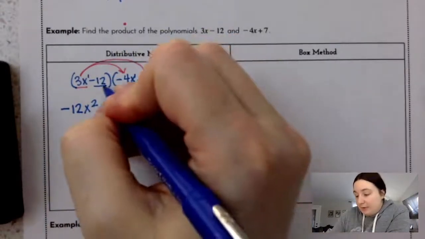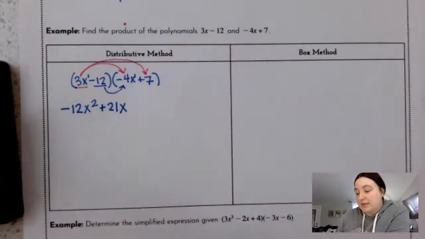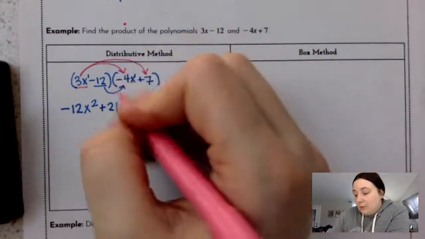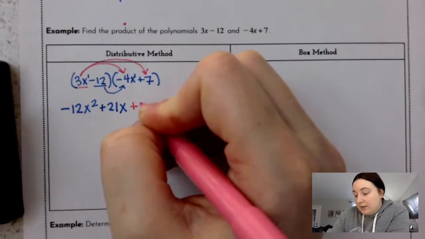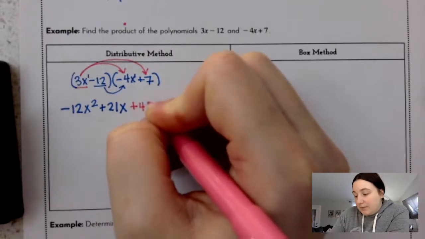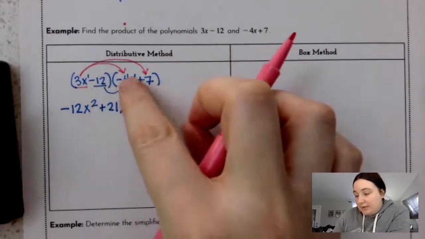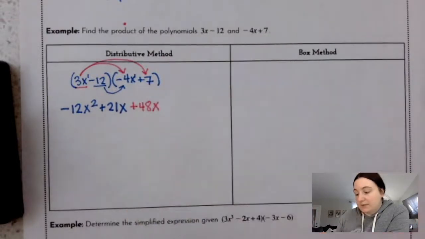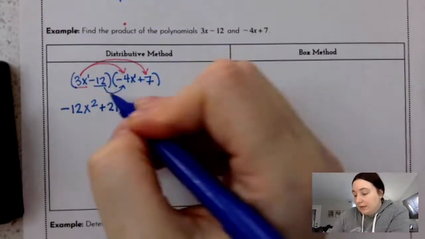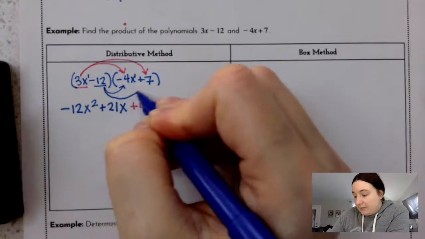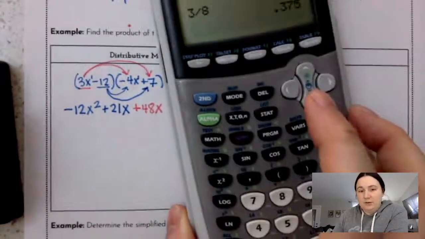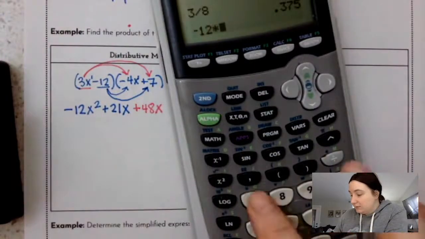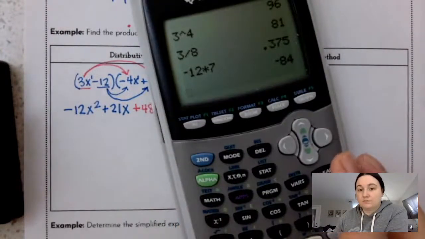So I'm going to distribute minus 12 times negative 4x. Well, negative times a negative is a positive, and 12 times 4 is 48. And I have no x's and 1x, so I have 1x. And then again, distribute again, minus 12 times 7. I don't know that off the top of my head, so I'm going to type that in. Negative 84.